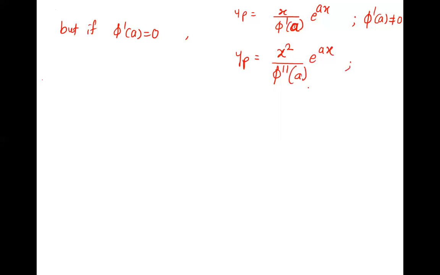What should be the condition on this? This should not be 0. Phi double dash a should not be 0. But if phi double dash of a is 0, then what will be yp?